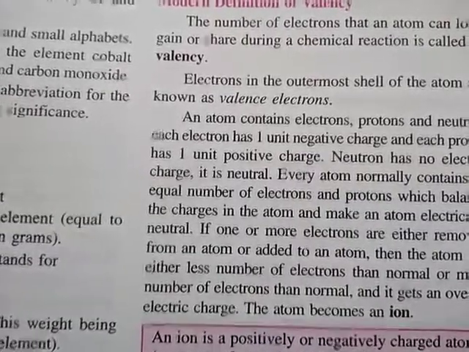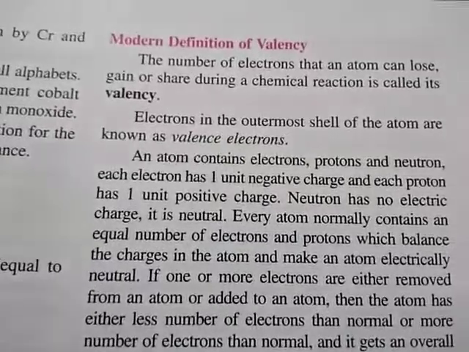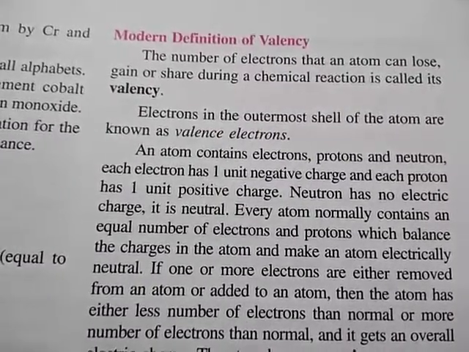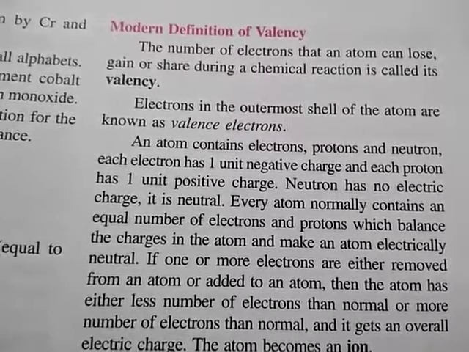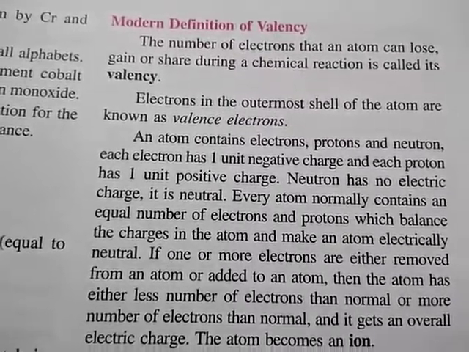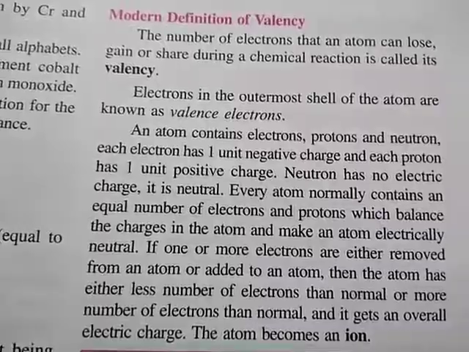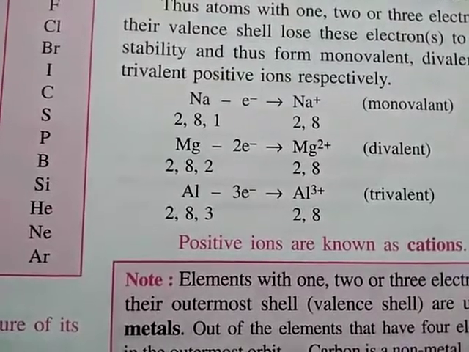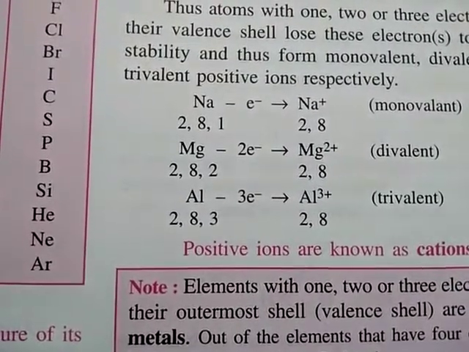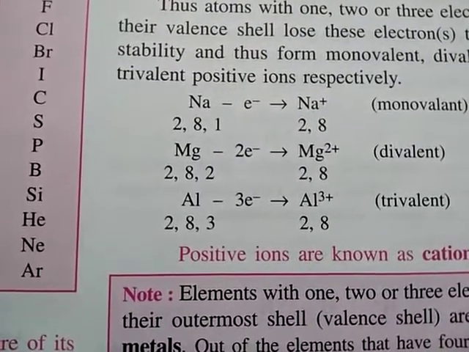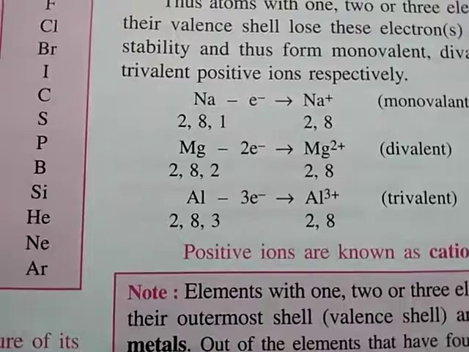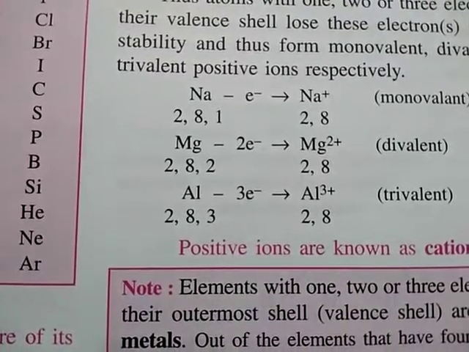Now come to page number 3. What is valency? The number of electrons that an atom can lose, gain or share during a chemical reaction is called its valency. To understand this concept, see the reactions on the same page. Sodium has lost 1 electron to become Na positive.